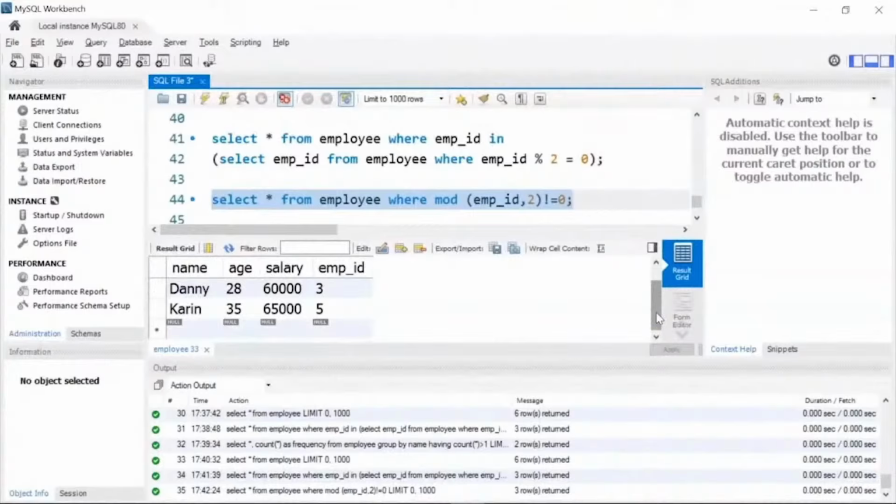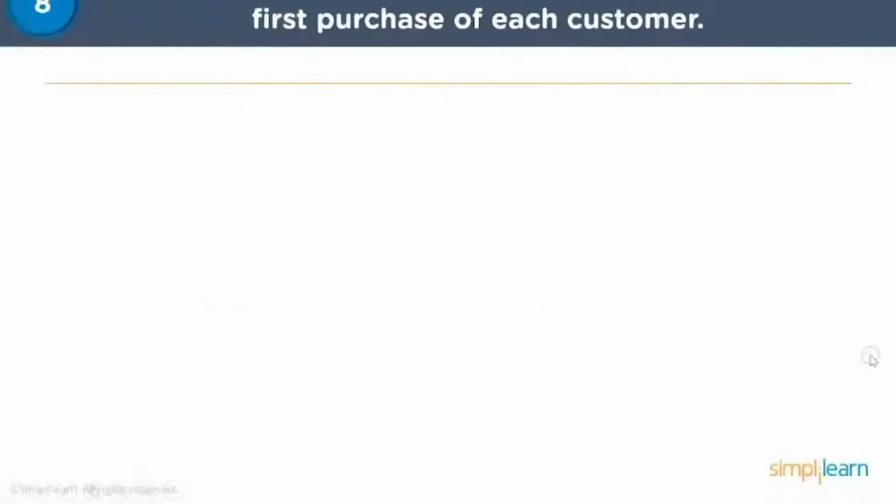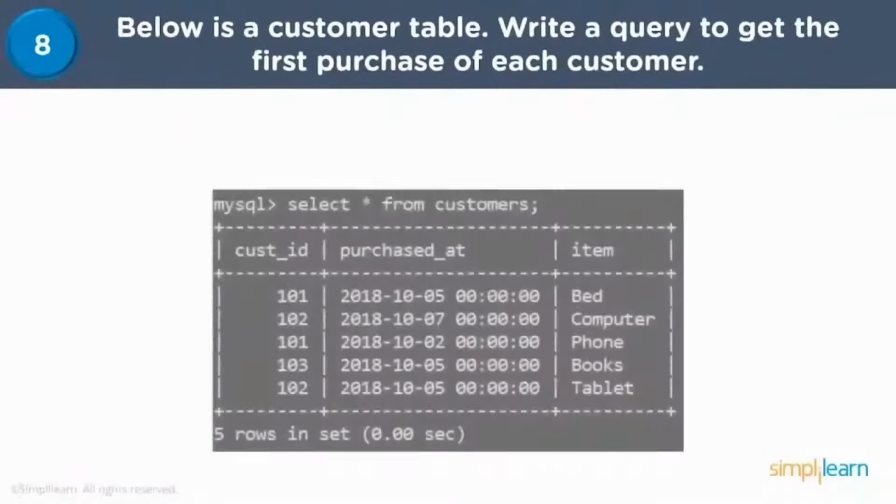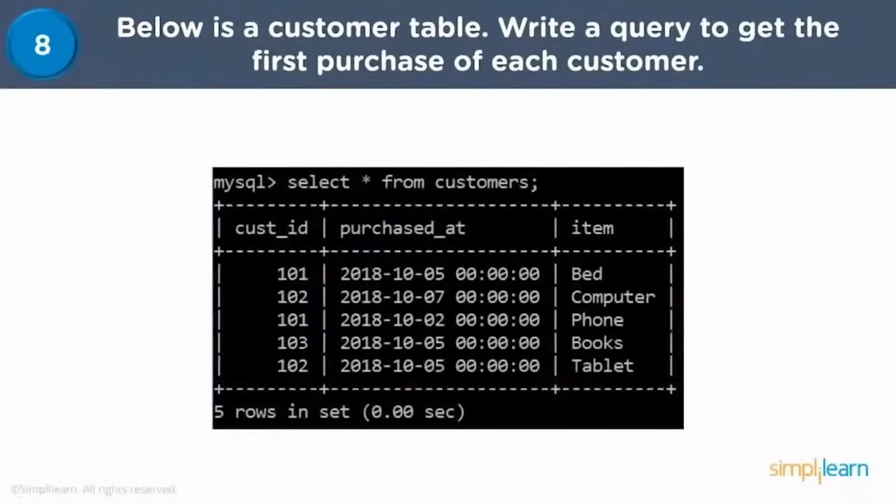Now let's see our 8th question. So here is the question. Below is the customer table. Write a query to get the first purchase of each customer. Now if you look at the table, there are 3 customer IDs, 101, 102 and 103.